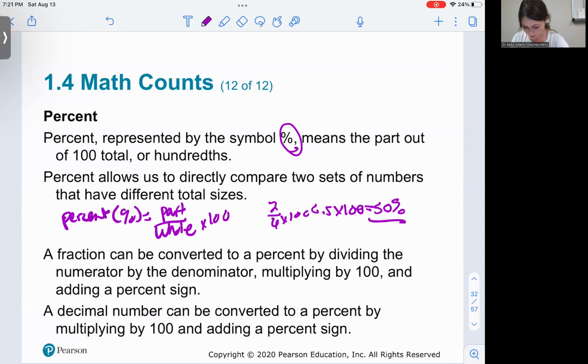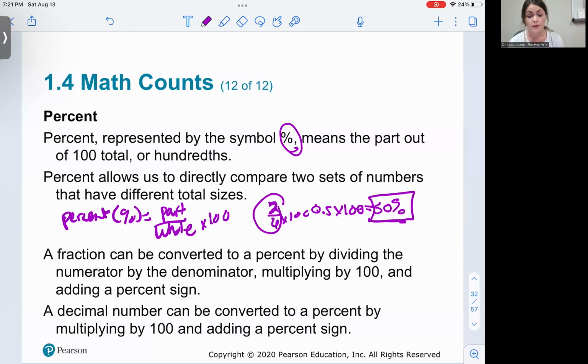Okay, so like I said before, if these were like bananas, 2 out of 4, that's 50%. So 2 divided by 4, 0.5, half, times 100, that's 50%, right? There you go. That's a much easier way to think about it.